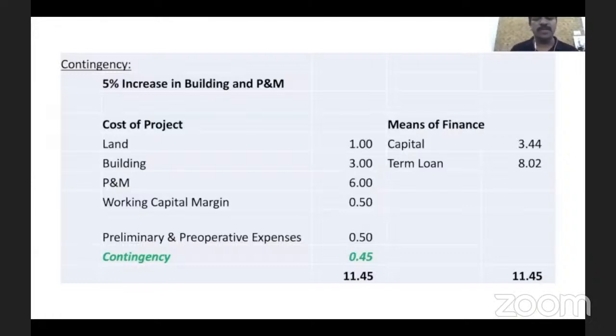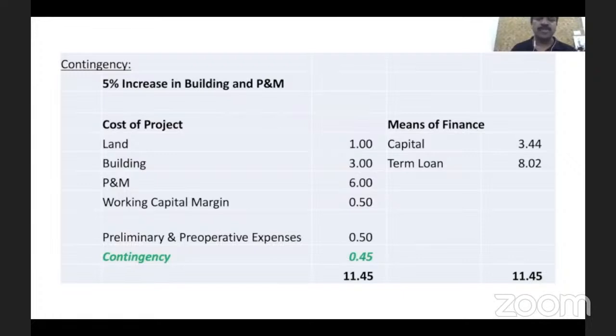And look at plant and machinery also. Plant and machinery is 6 crore. Generally they will give a pro forma invoice, and that pro forma invoice will be valid only for a certain number of days, let's say 60 days or 90 days. But if the project implementation itself takes a longer time, and if the plant and machinery have to be purchased and installed after 6 months, 9 months, and in the interim period something happens like the scenario we have now, then again the cost of those assets, the plant and machinery, will also undergo a change.